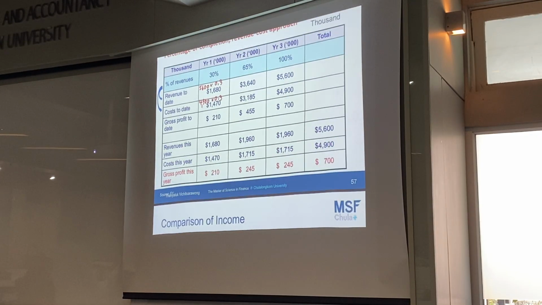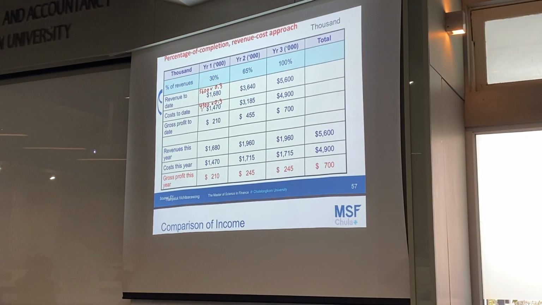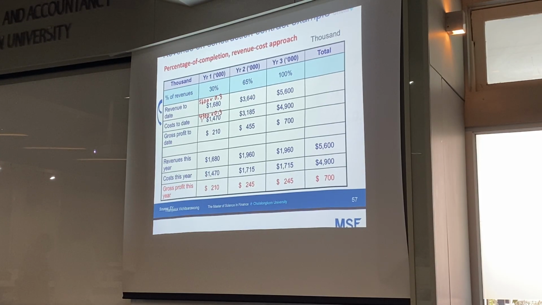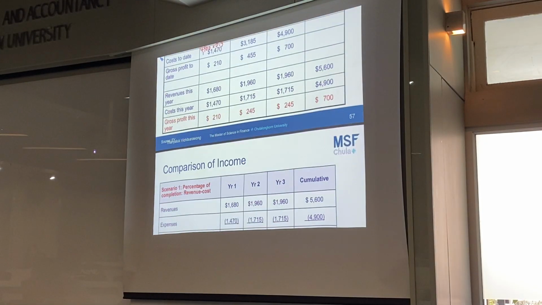So you guys can see that the company can show the amount of profit in the income statement, and the amount of profit is calculated based on the percentage of completion. So that's the percentage of revenue. How the company gets the percentage can come from the estimate of the engineer, right? And the auditor has to verify whether the percentage is reasonable or not.